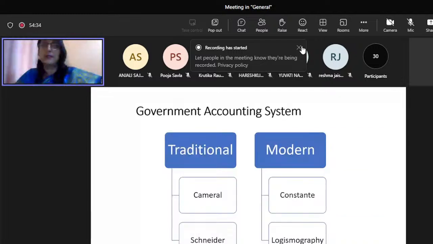Now, this is very interesting: how the government accounting system evolved. Earlier, the government accounting system was only budget oriented. They used to make a budget and record only the receipts and payments in that. They never looked after assets, accruals or outstanding dues. That was the cameral government accounting system.